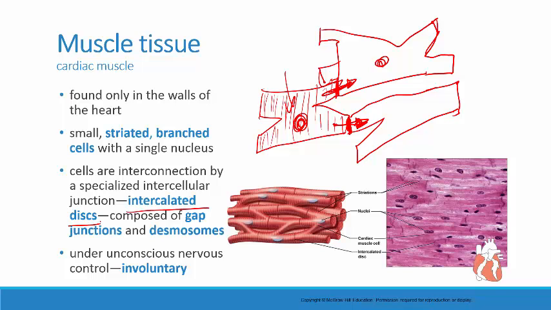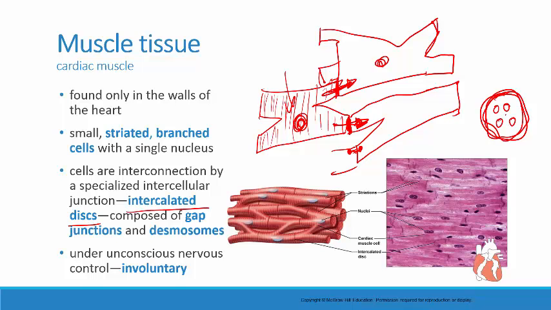So the intercalated disc, if we were to take and turn it so that we're looking at it face on, has desmosomes. If you remember, desmosomes have an attachment inside of the cell, and then these fingers that reach out and lock into each other to hold them. They're very strong, they're very flexible. Now if we look down the pipe of that connection, look at the end, it also has these holes.